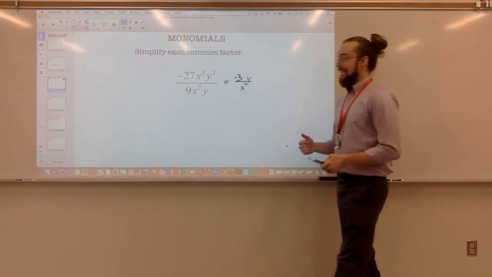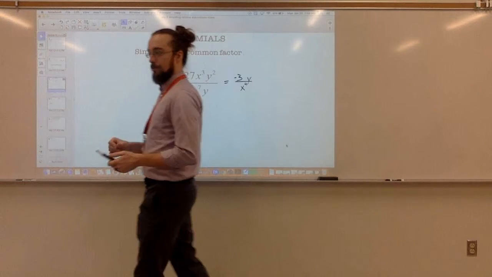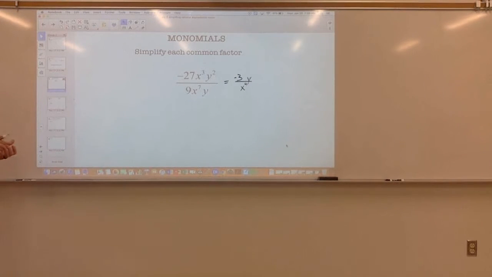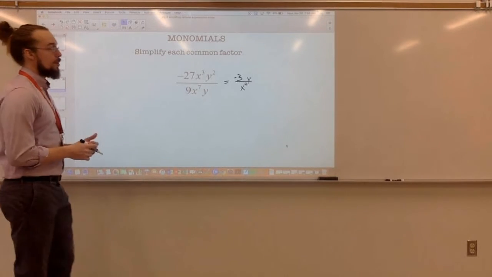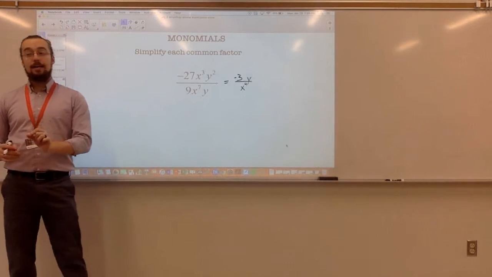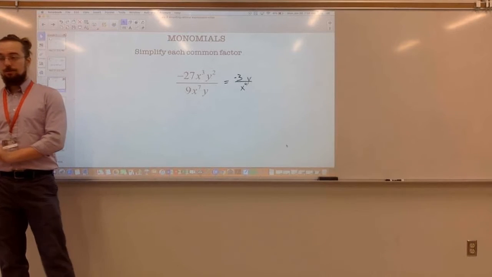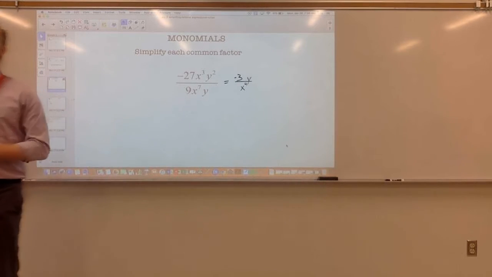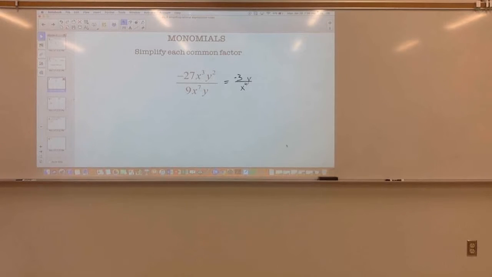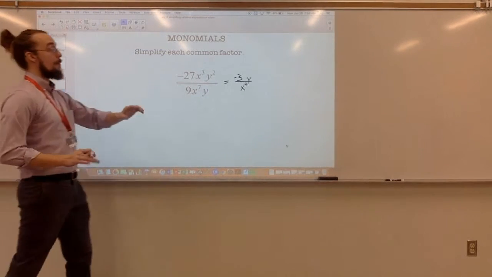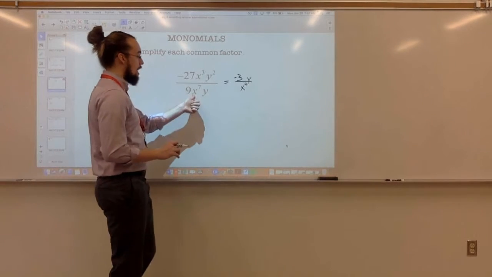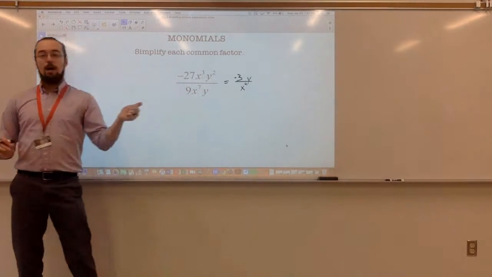Now the second part is listing restrictions. So I want to think about any places that the denominator cannot equal 0 before I cancel out factors. Any variables that will make the denominator equal 0 before I cancel anything out. So if I look at my denominator, before I canceled anything, I had x and y.